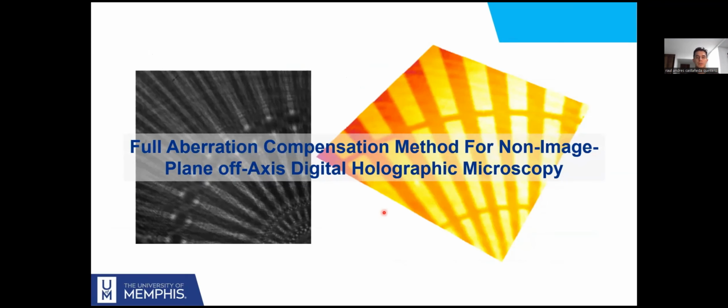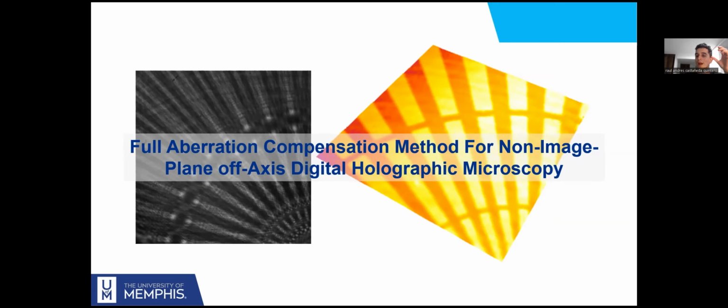Okay, so it's time to talk about the third work elaborated during the PhD. In the previous work, I introduced an automatic algorithm to retrieve the phase information of holograms that have been recorded in image plane. Image plane means that the camera is located on the bifocal plane of the tube lens, right?